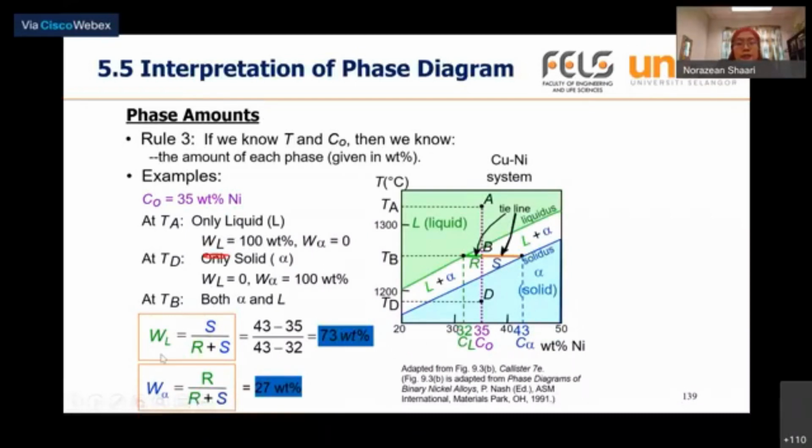And then the remaining, because total mesti 100%, so kita boleh ambil sahaja 100 minus with 73. So dapat 27 untuk amount of solid. Maksudnya dekat point B ni, that material consists of 73% liquid and 27% solid.